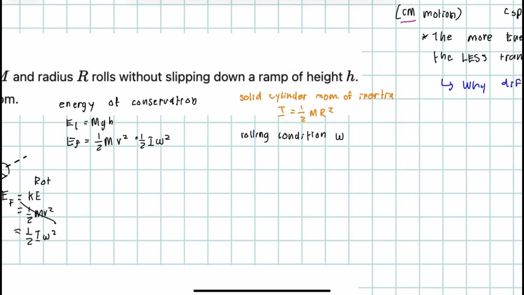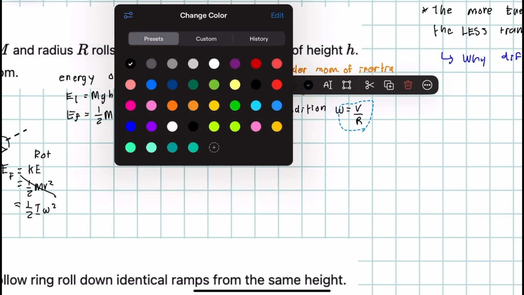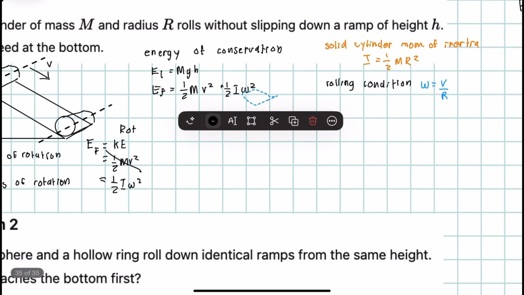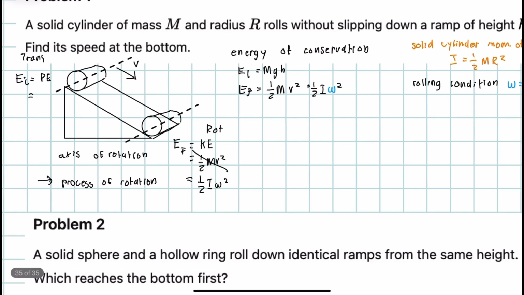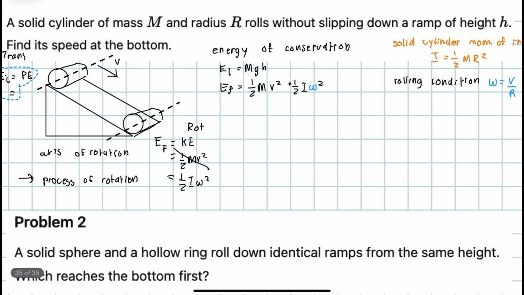The rolling condition is omega, the angular velocity, is equal to v over r, the translational velocity over the radius. So now we can just substitute this in. Let's color some things so that it's easier for us to keep track.